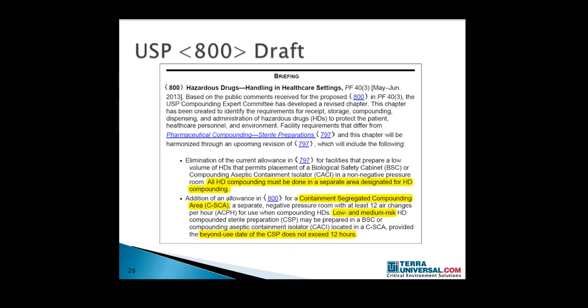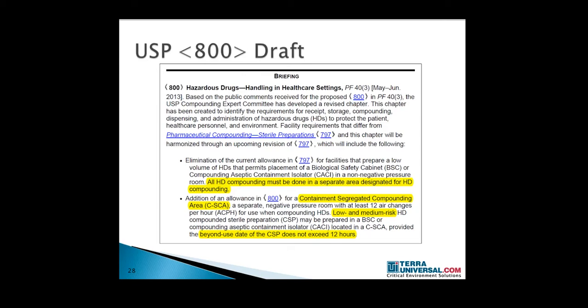In this case, we should note the elimination of a major exemption for low-volume hazardous drug compounding. USP is making it clear that all hazardous drug compounding must take place in a negative pressure room, whether it's a clean room or a segregated compounding area.